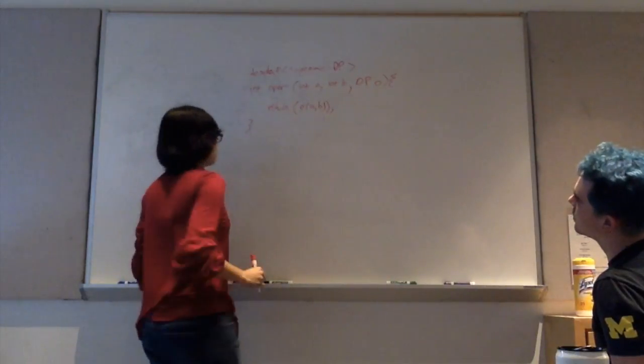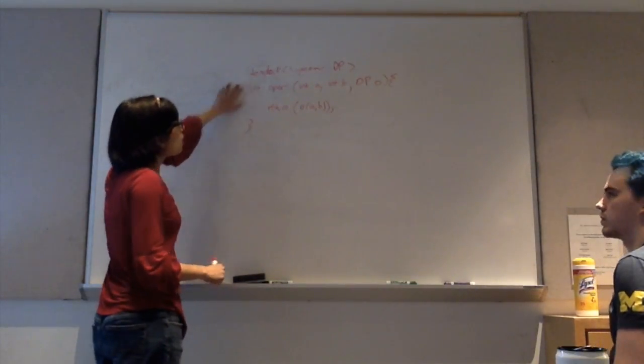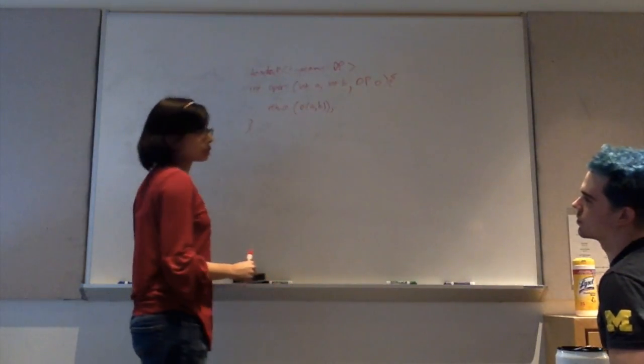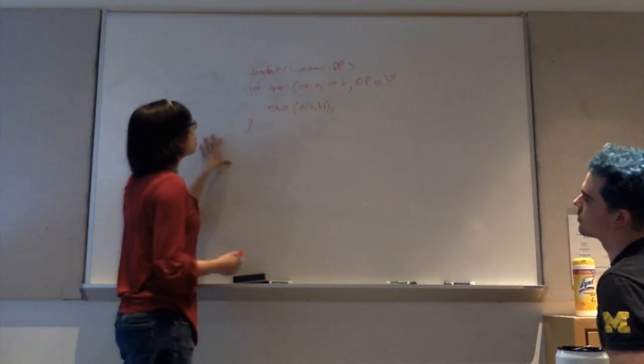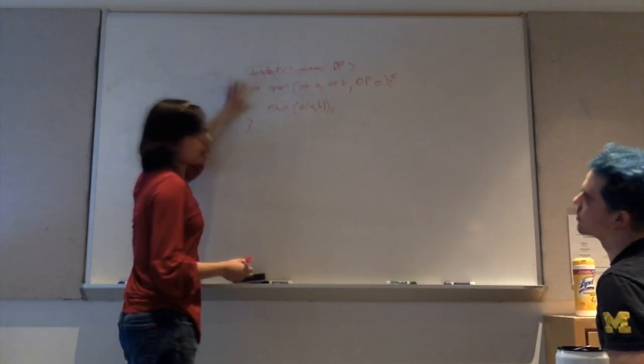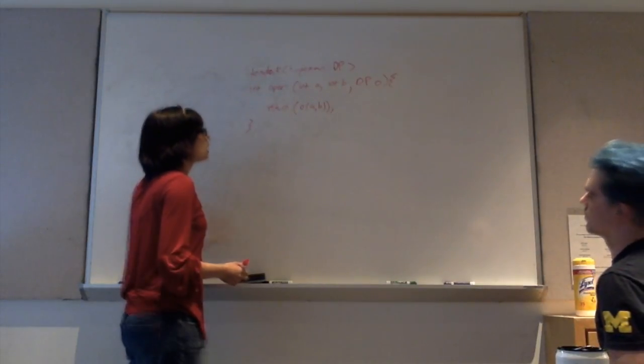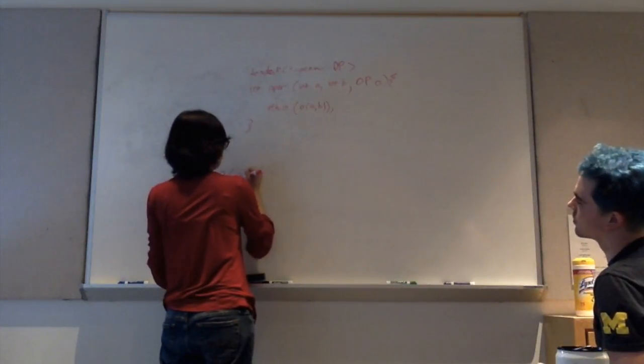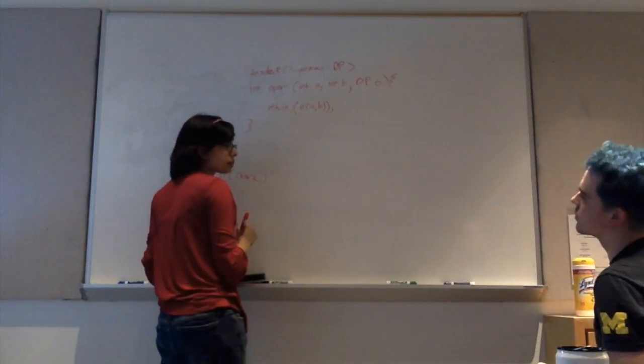Yeah. And then basically op will take in this character when it's initialized. So before you call this function opper, you initialize an instance of O with some character, right?